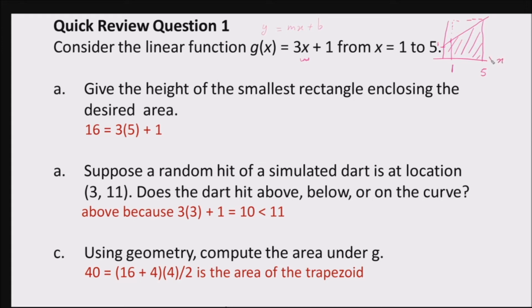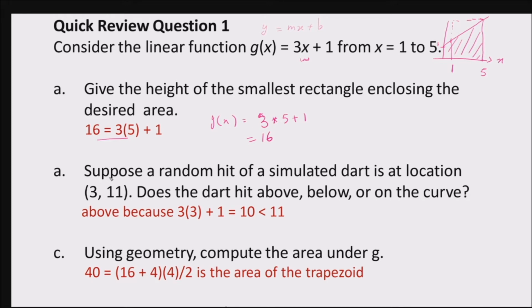So if I apply 5 into this, g(x) will be equal to 3 multiplied by 5 plus 1, which is 16. So that's how you calculate 16 here. So that is just a rectangle, and I'm calculating the maximum height that I can get.